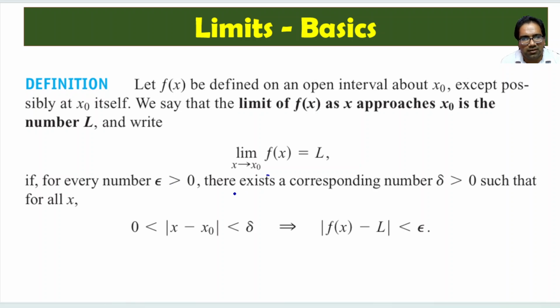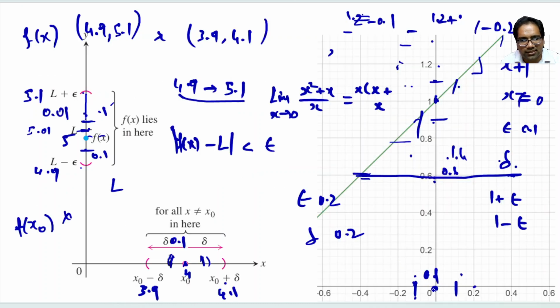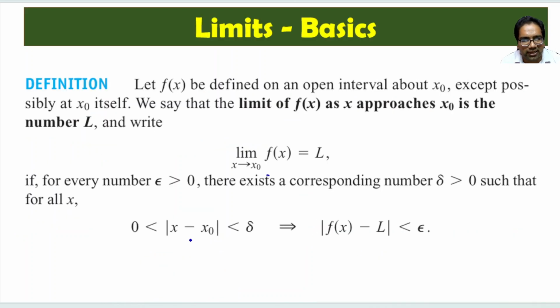Even if it is 0.1, 0.9, whatever, there should always exist some delta such that within this delta around x naught, so x should lie between x naught plus or minus delta, the value of the function should lie within epsilon units of the limit. And this should exist for all epsilon, right?